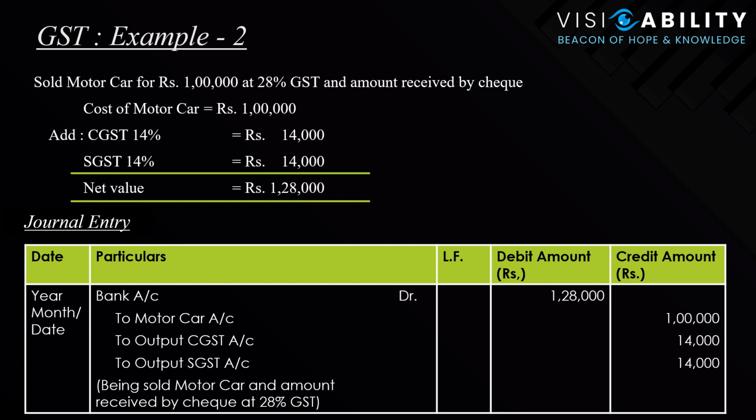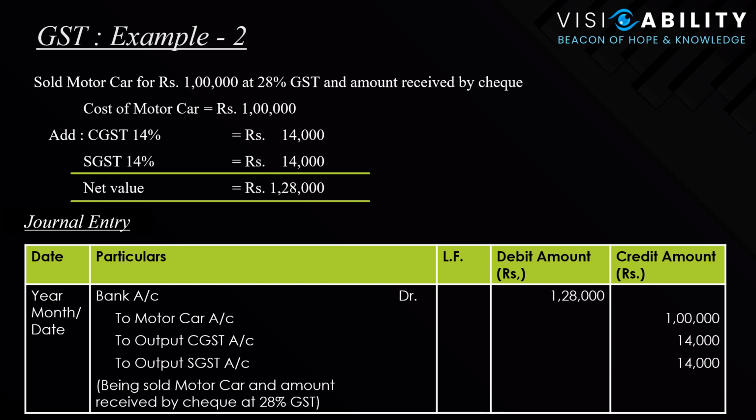First calculate 1%. 1% of 1 lakh comes to 1,000. Multiply it by 14, so it comes to 14,000. 14,000 is the CGST and 14,000 is the SGST. So the total price that we would be receiving is 1,28,000.